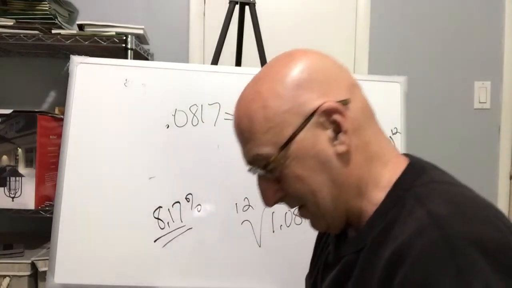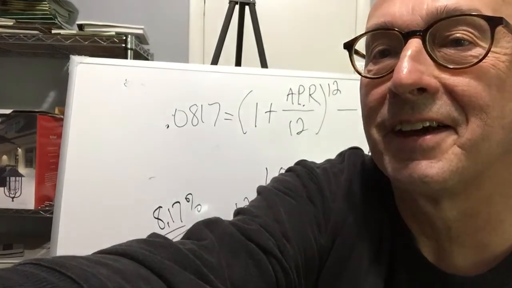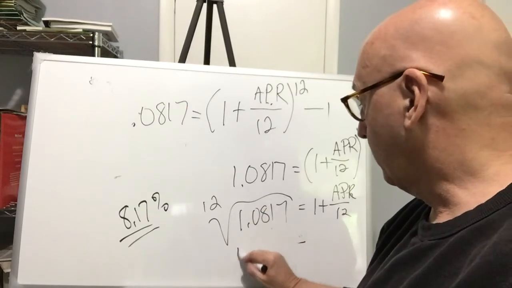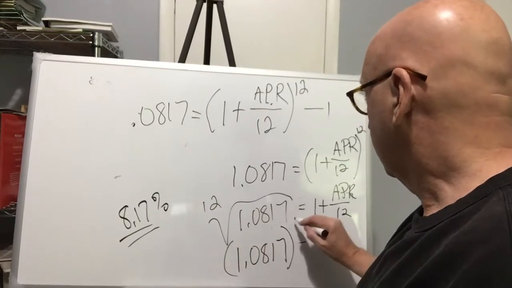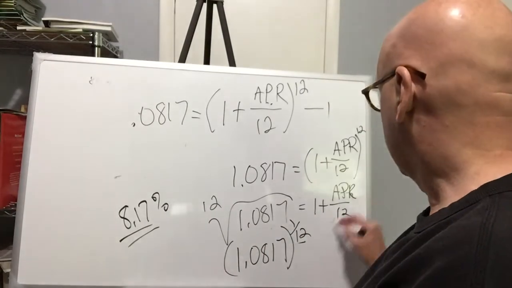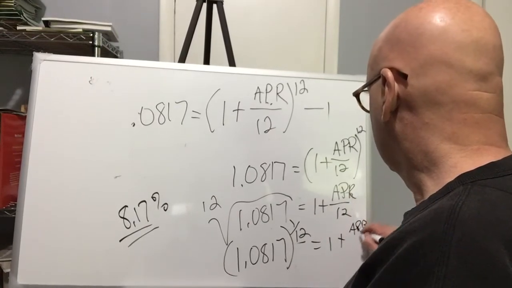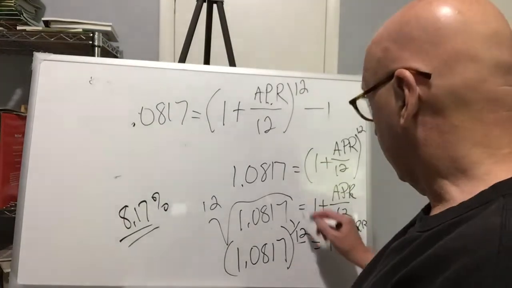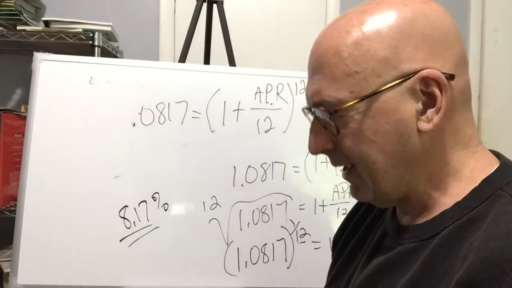So in solving the problem, really what you've got is 1.0817 to the 1/12th power, and that's going to be equal to 1 plus the APR divided by 12. In order to do this, you just need a calculator that has that function, 1 over 12.